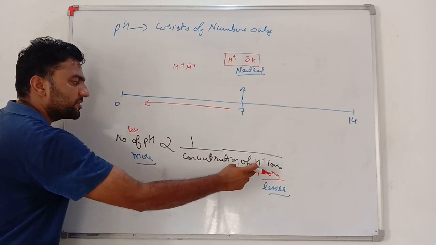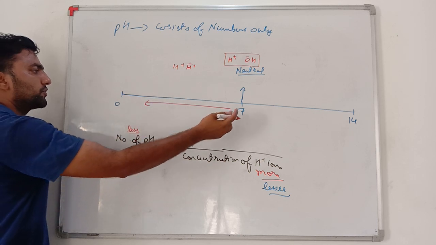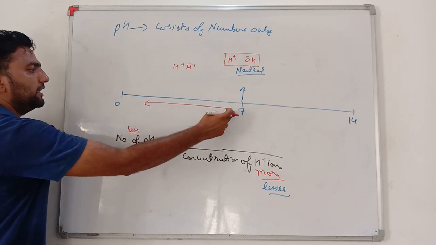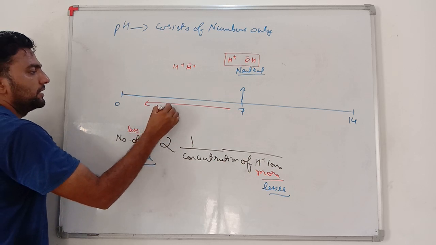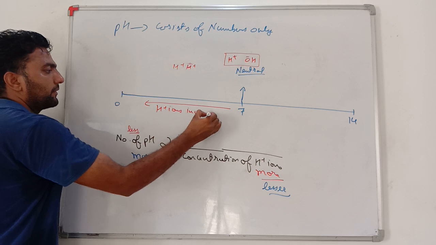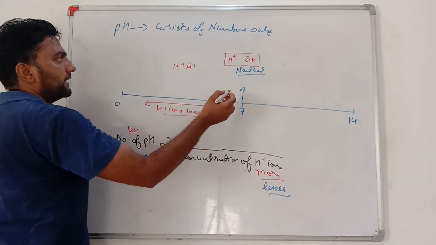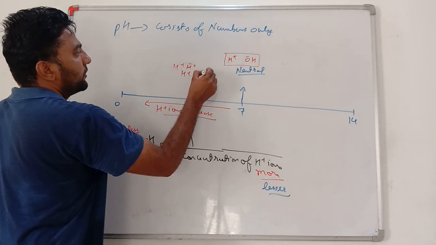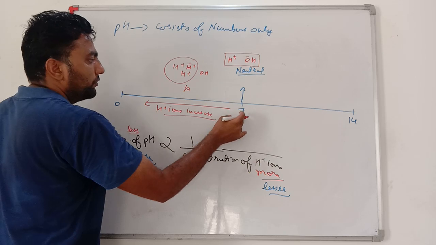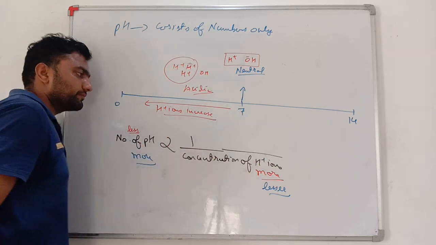A very large number of H plus ions gives a very small pH number. So if the number on the pH decreases, H plus ions increase, and as H plus ions increase, now you can see OH minus is there, but H plus ions are more, so pH below 7 is acidic.